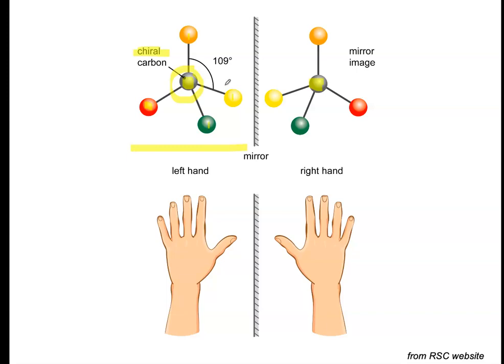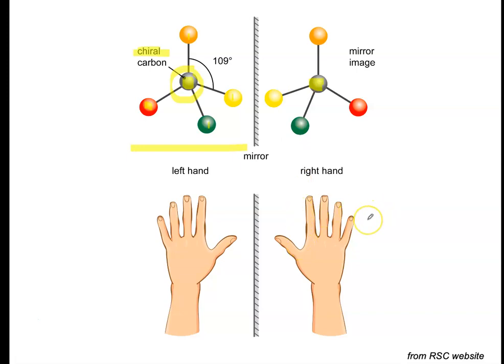So the first rule with optical isomerism is we need a chiral carbon, which means a carbon that has 4 different groups attached. The second rule is the mirror images of the two chiral carbons are non-superimposable. What that means we will look at on the next slide.